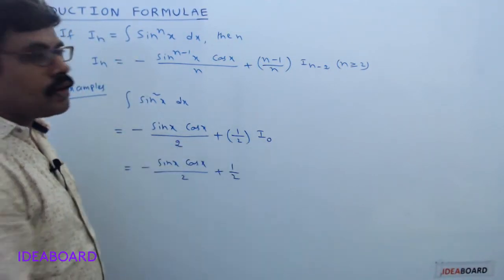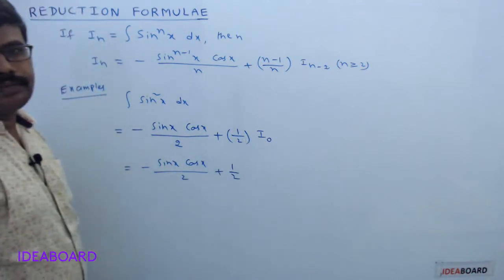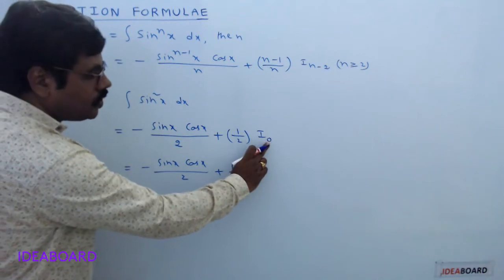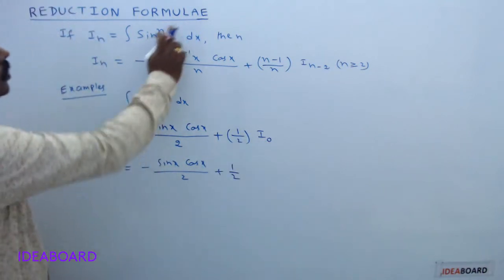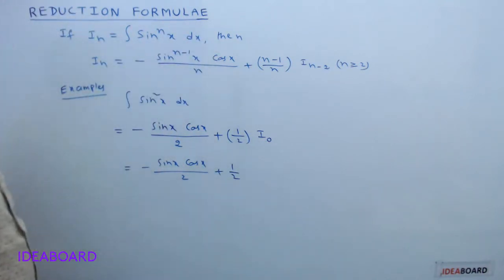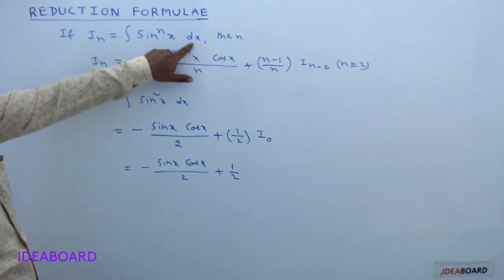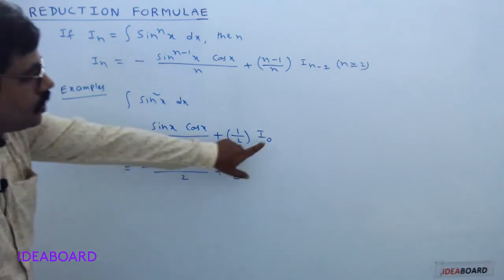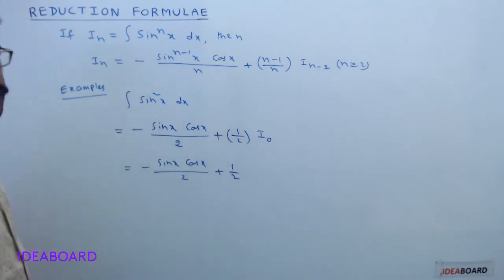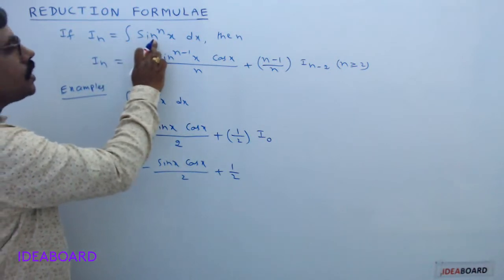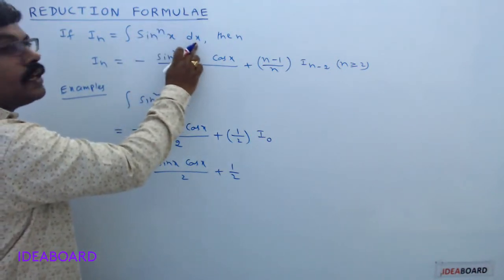So how to calculate this I_0 value? Here the n value is less than 2. If the value of n is less than 2, use the given function. So I_n equals the integral of sin^n x dx. Now in this function substitute n equals 0. So I_0 equals the integral of sin^0 x dx.